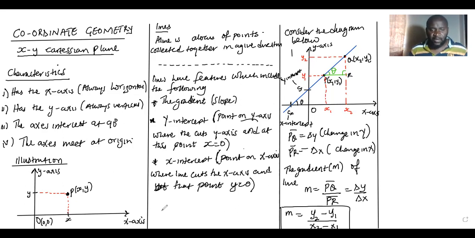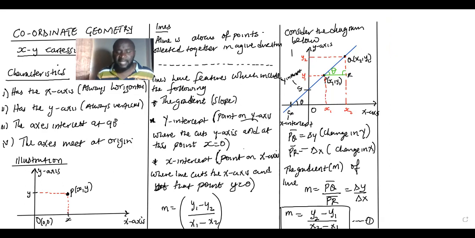That is why I'm saying one can also say this is the same as Y1 minus Y2 divided by X1 minus X2. You still get the same answer. Though this one may be a negative, it will be a negative in the numerator and a negative in the denominator, which still would give us a positive. So this is equation 1, which is reminding us of how to find the gradient of a line.